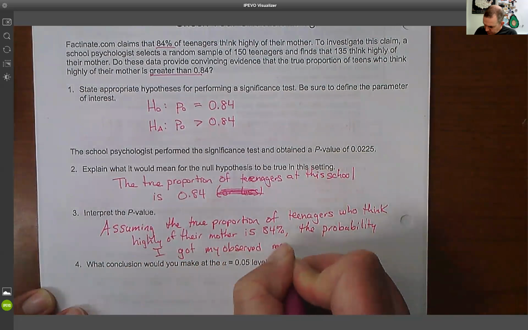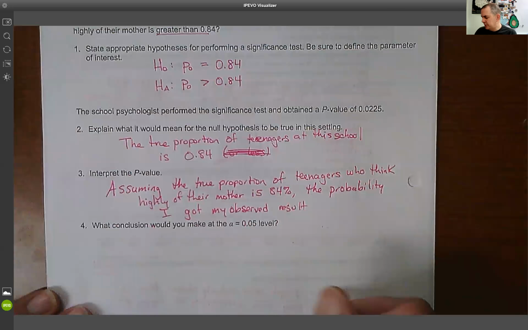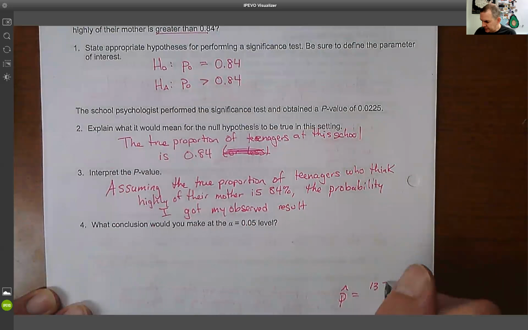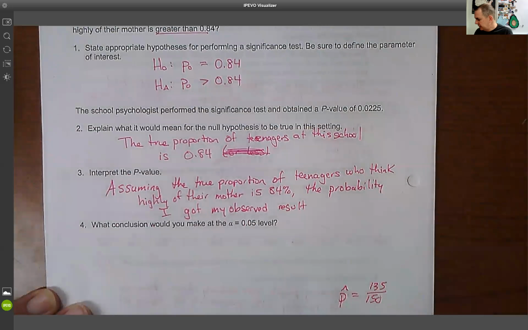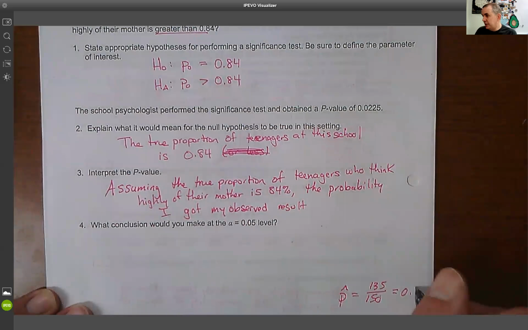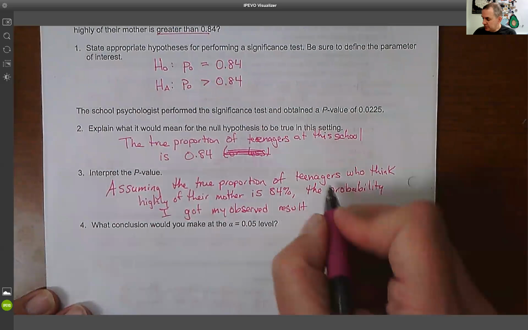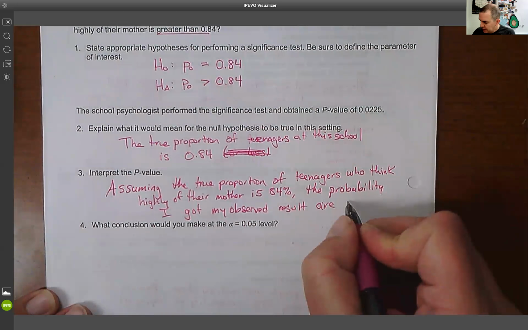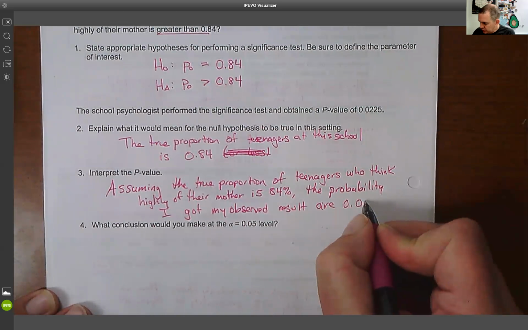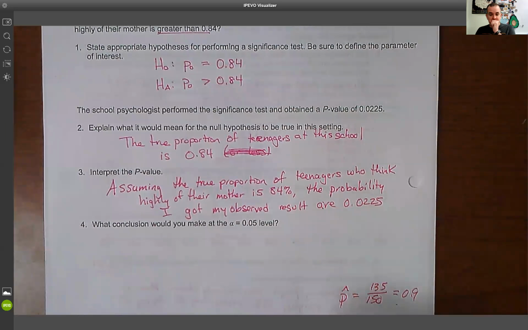And if you think about it, the observed result is p hat equals 135 out of 150. So this is a 90% one. The chances that I would get this 90% are 0.0225. So there's a little better than 2% chance that I would get this 90% as a proportion if the real answer was 84.